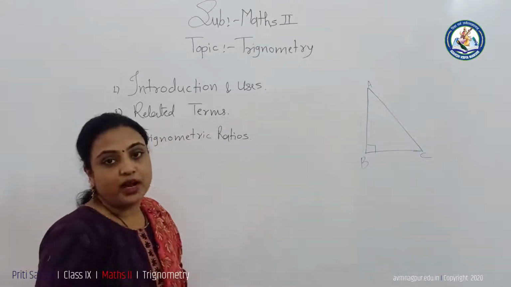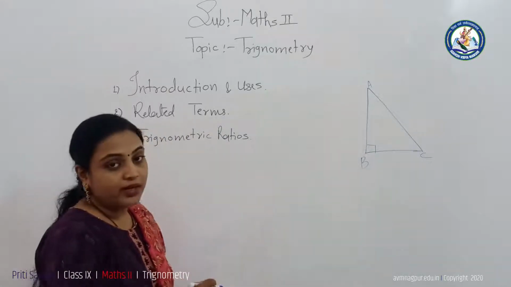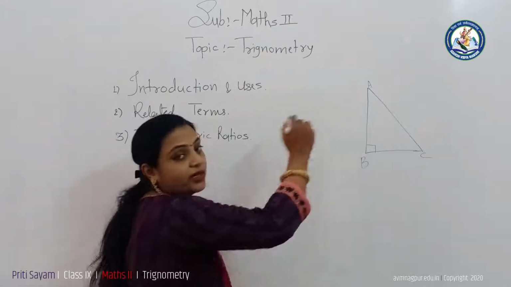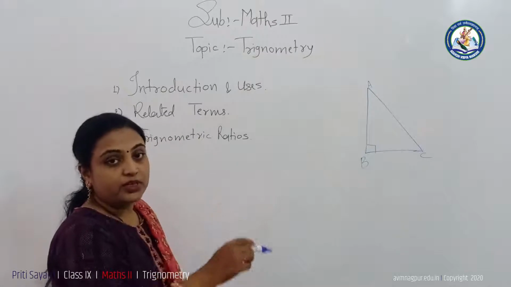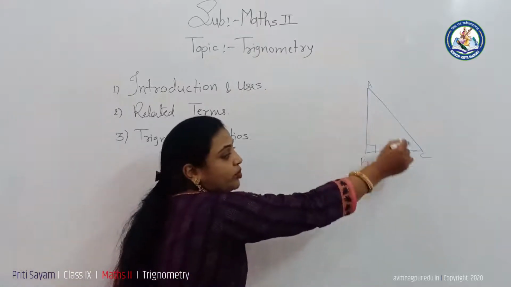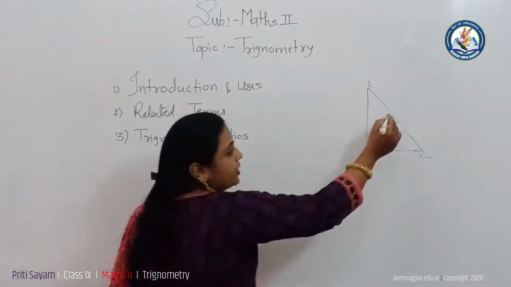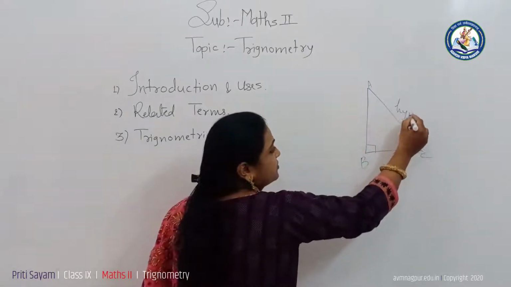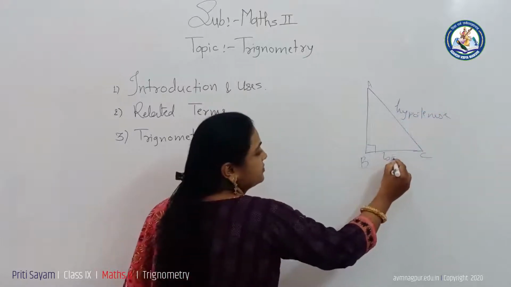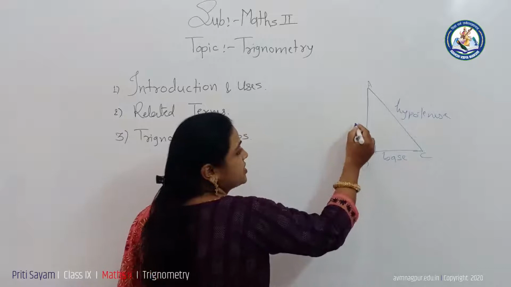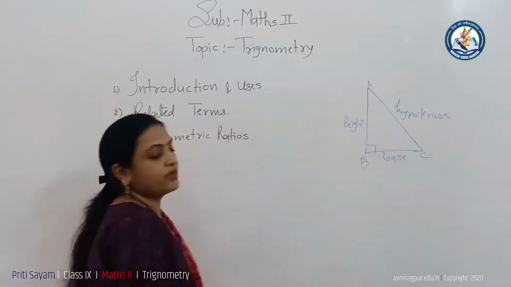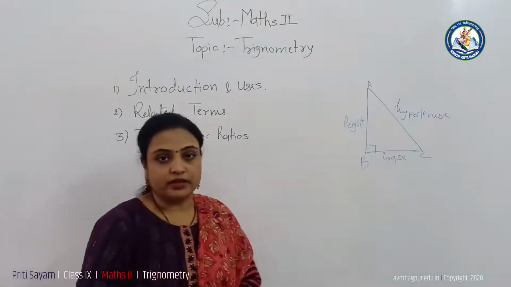Now, what about the hypotenuse? In a right angle triangle, the hypotenuse is the side opposite the right angle. So we write here hypotenuse. This is base and this is height. So this much we have studied about the right angle triangle.